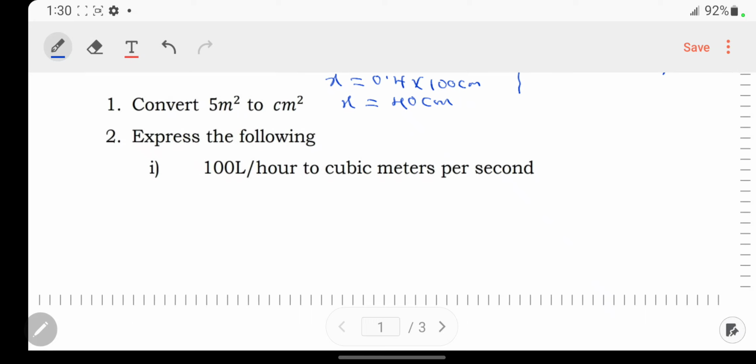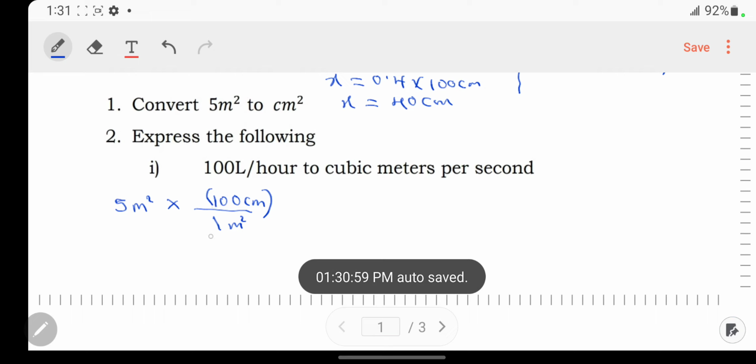The first one that we are converting is 5 meters squared to centimeters squared. So how are we going to do that? Firstly, our unit of interest is 5 meters squared. Then we are going to multiply. Since the meter is on the top, we are going to put the 1 meter squared at the bottom. Then in a meter there are exactly 100 centimeters.